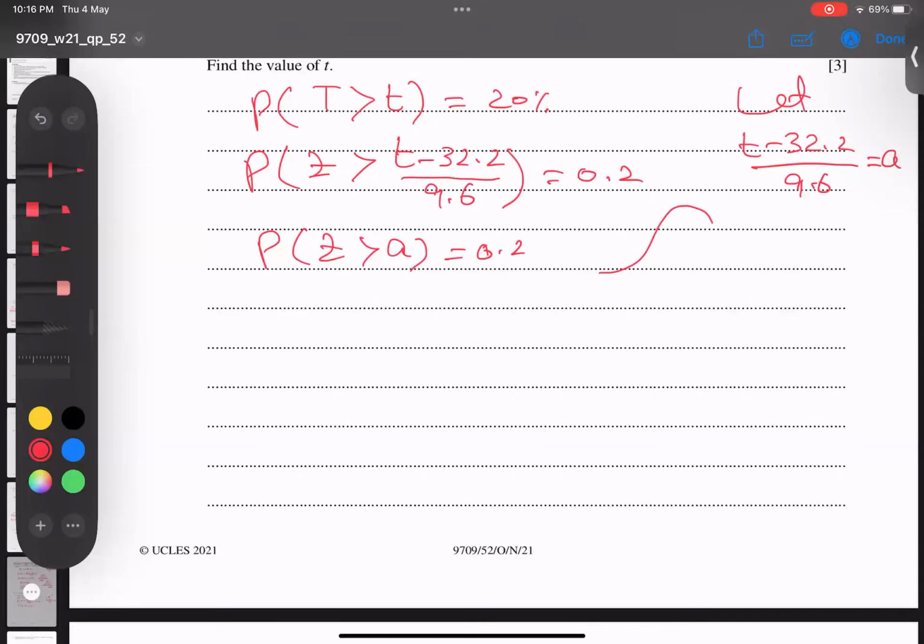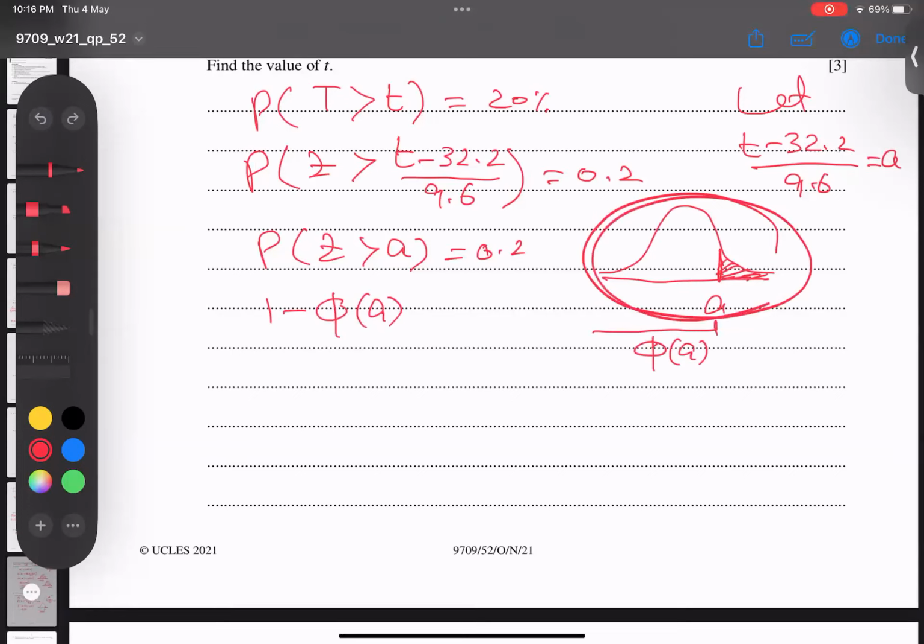Let's draw a bell shape and ask ourselves: this value is positive. If I take a positive a here, the right side area is smaller, and how do we find it? From here to here is phi of a, so phi of a gives the white area, but I'm looking for the other area. The whole bell shape has area 1, like the total probability of an event.